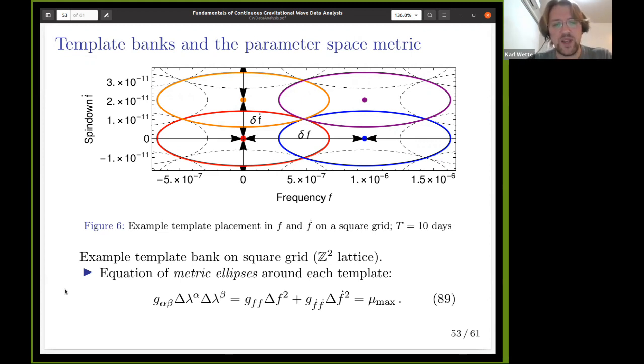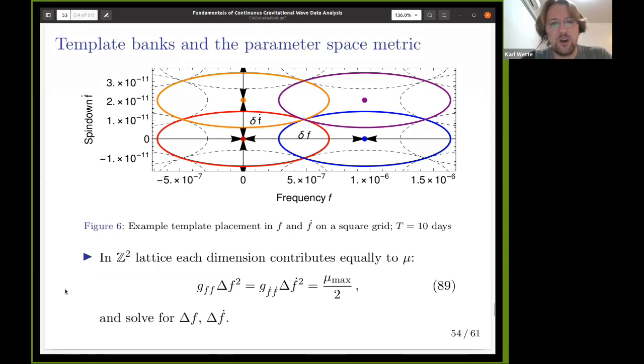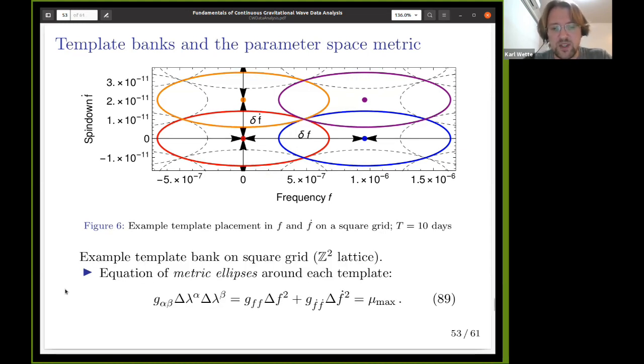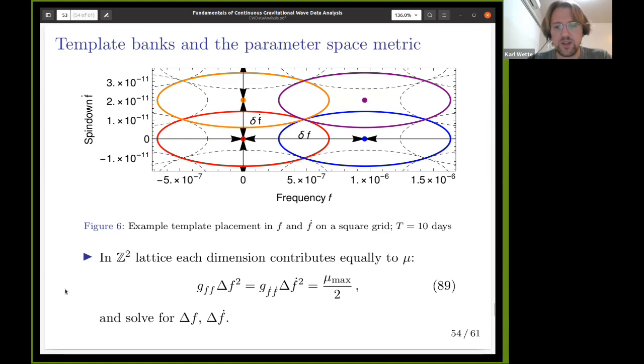Now, to actually work out the spacings, there's a property of the square grid, which in mathematical terms is called a Z2 lattice, Z here being for the space of integers. For a Z2 lattice, each of the dimensions contributes equally to the mismatch. So we can divide the equation for the metric in equation 89 into two separate equations.